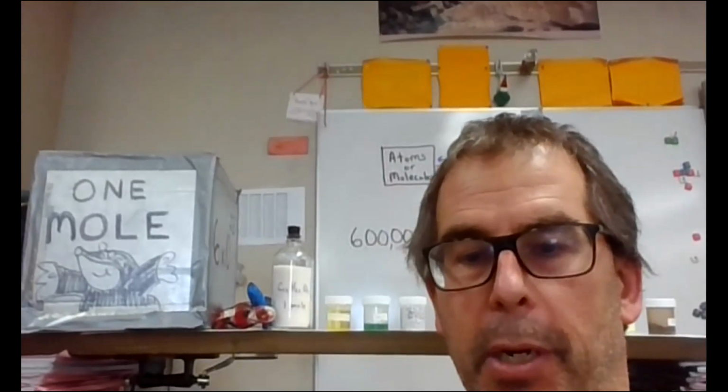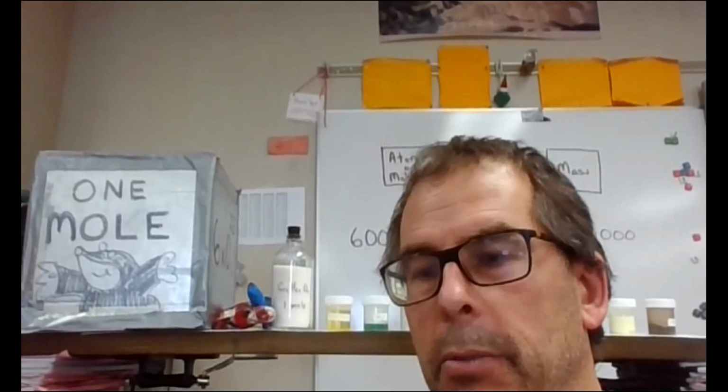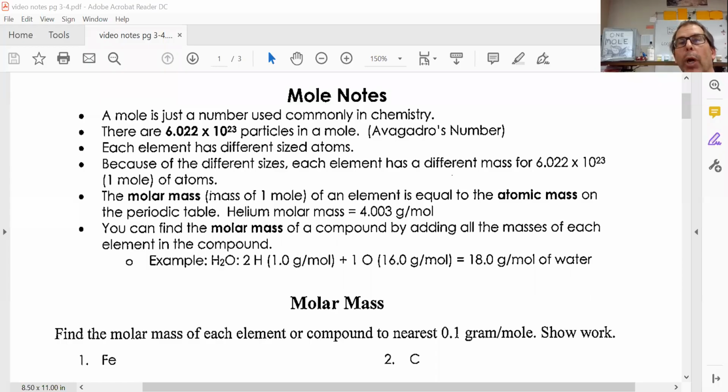So I'm going to grab this here and move this around. And if you went to your homework packet, I think it's page 3, there are a few notes about moles. And one is a mole is a number used in chemistry, and that number is 6 times 10 to the 23rd.